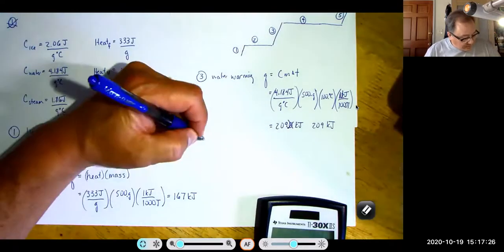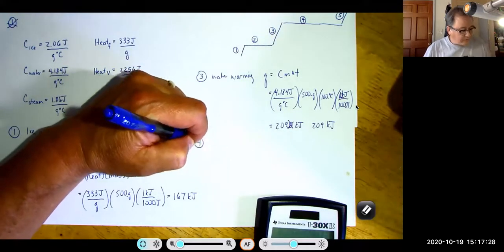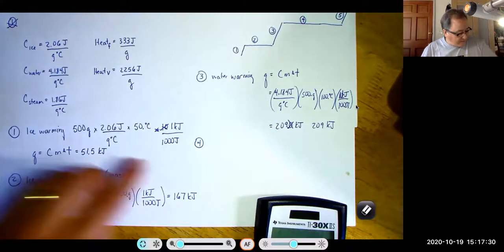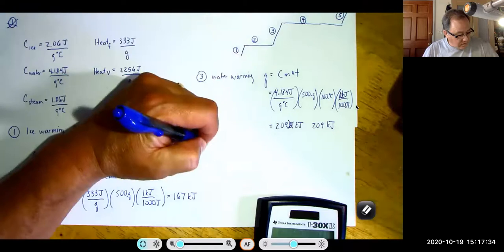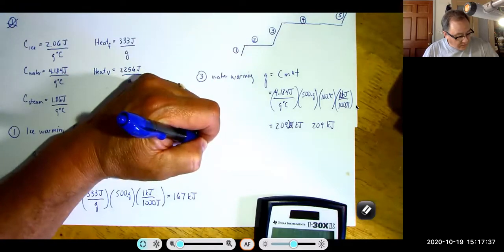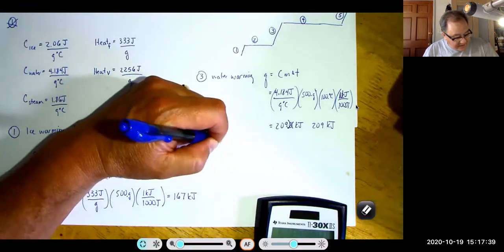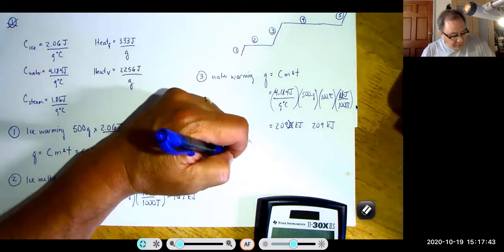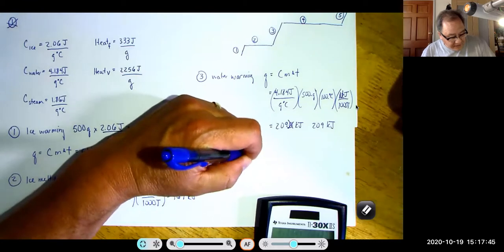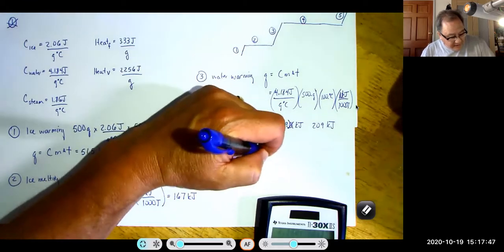Okay, so number 4. Here we have water changing into steam. So we have vaporization. So we're going to use Q is equal to the heat of vaporization times the mass.